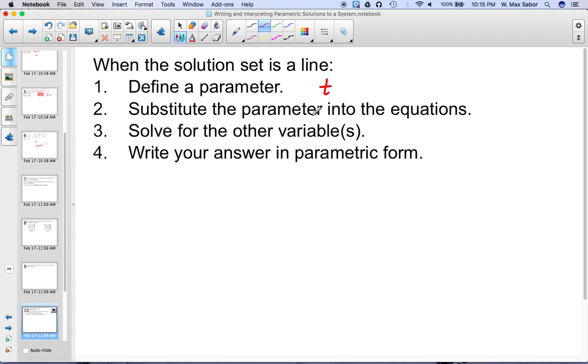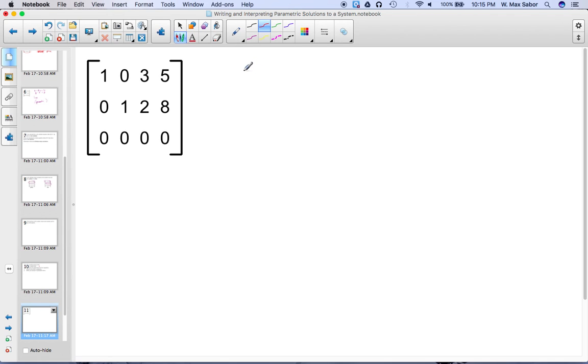So we're going to substitute the parameter into the equations, solve for the other variables, and write the answer in parametric form. So here we have x plus 3z equals 5, y plus 2z equals 8. So I'm going to set the parameter z to be equal to t. So what that means is we can plug in t for those two equations.